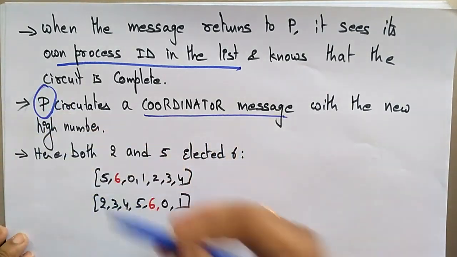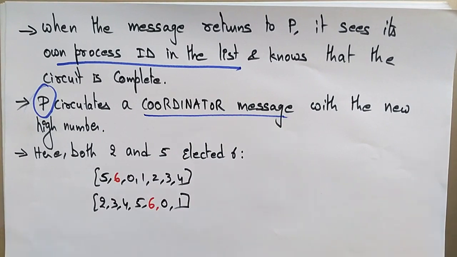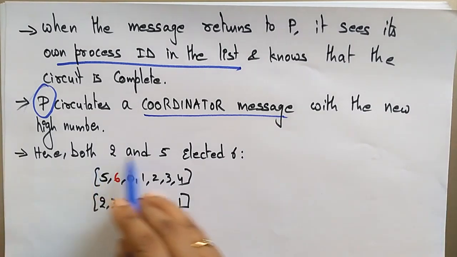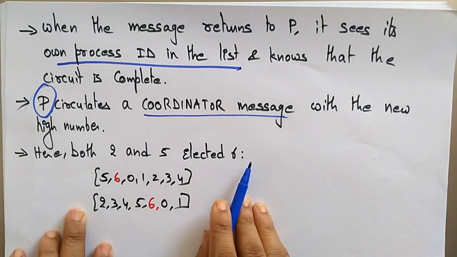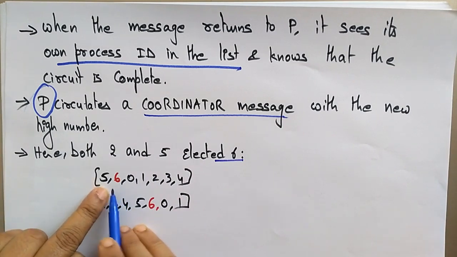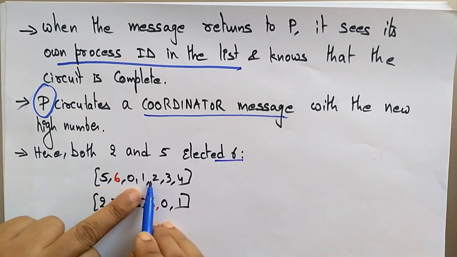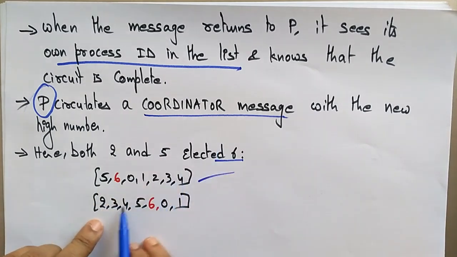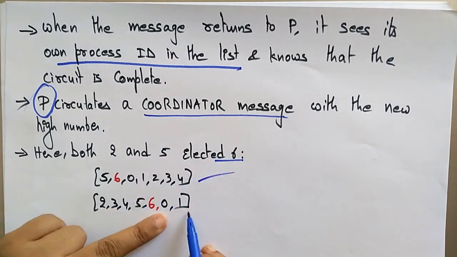Whichever process participated in the election is going to circulate a coordinator message with the highest number. Here both 2 and 5 participated and elected 6. If 2 participated, it takes 5, 6, 0, 1, 2, 3, 4, and 5 takes 2, 3, 4, 5, 6, 0, 1.